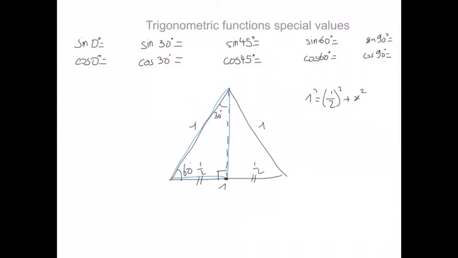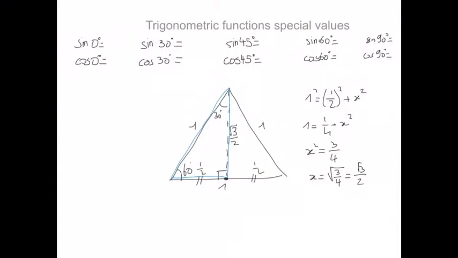If we solve this, we get that 1 is a quarter plus x squared, meaning that x squared has to be 3/4, and so x is the square root of 3 over 4, which is the square root of 3 over 2. Let's add this length on our diagram, so we have the square root of 3 over 2 here.